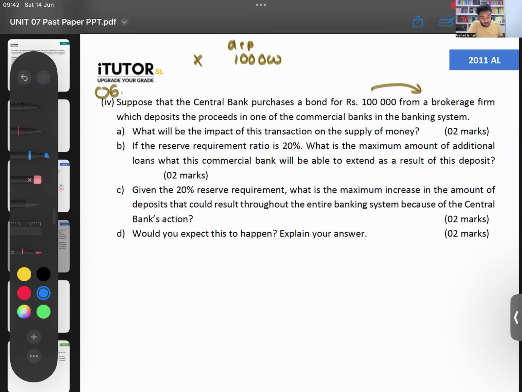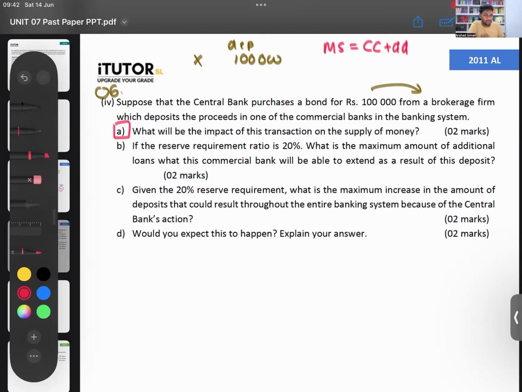They're saying, what will be the impact of this transaction on money supply? Does money supply increase or decrease? What do you all think? The central bank has injected money. Money supply is currency held by the public and demand deposits. They're asking for the immediate impact. Did currency held by the public change?